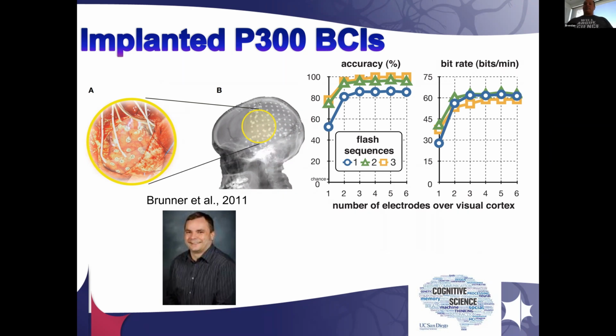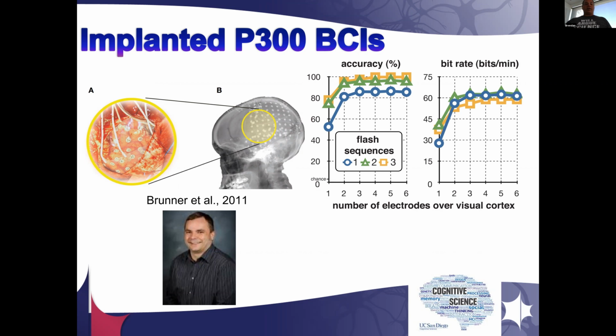And this is probably not surprising to people who know the implanted BCI literature, which in general you know much better than I do, which is that, sure, if you have an electrode right on the surface of the brain, you can get a much better signal than you can from something placed outside the head with the cap on the head. And there haven't been many more of these.